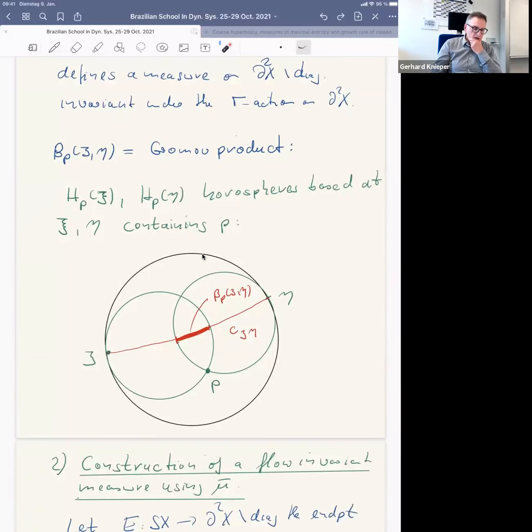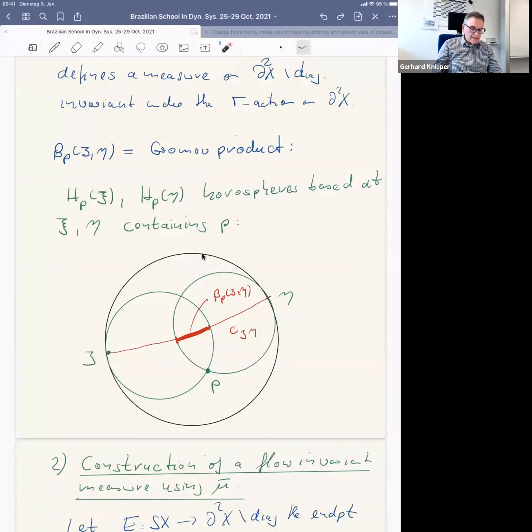And now you pick a geodesic joining psi and eta, and then the Gromov product is nothing else than the length of the arc which is cut out by these two horospheres. So that's the Gromov product.